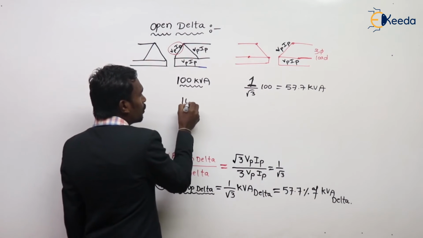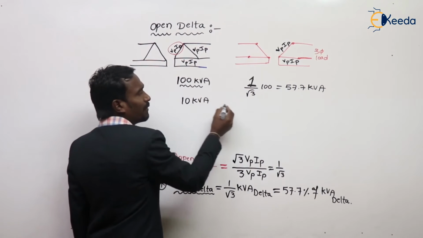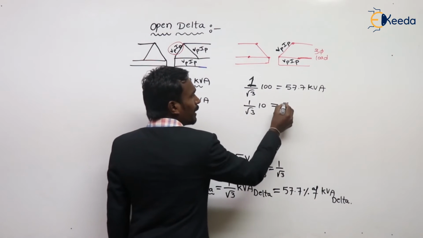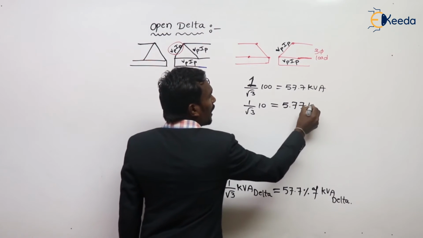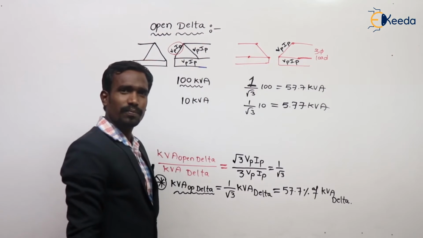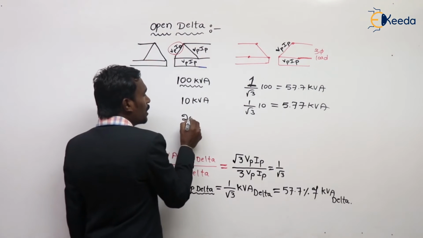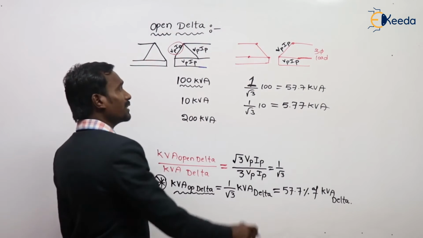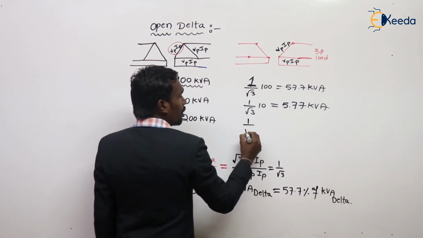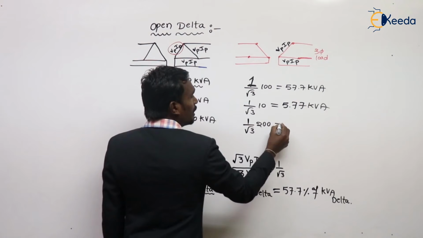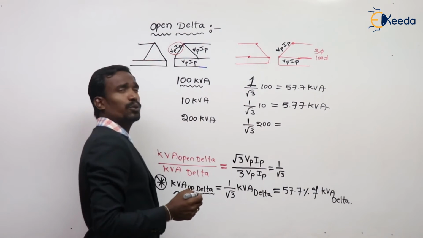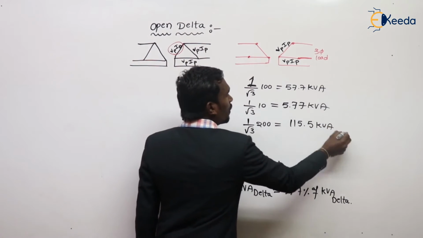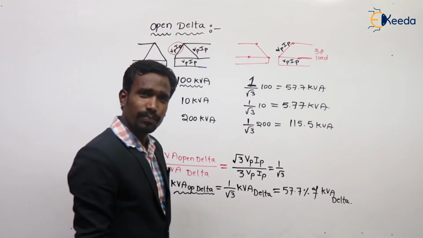For example, in closed delta the load kVA is 10 kVA. Then in open delta, 1 by root 3 times 10 is nothing but 5.77 kVA. For example, in closed delta you can apply the load up to 200 kVA. Then what is the load in open delta? That is 1 by root 3 times 200, nothing but 115.5 kVA.